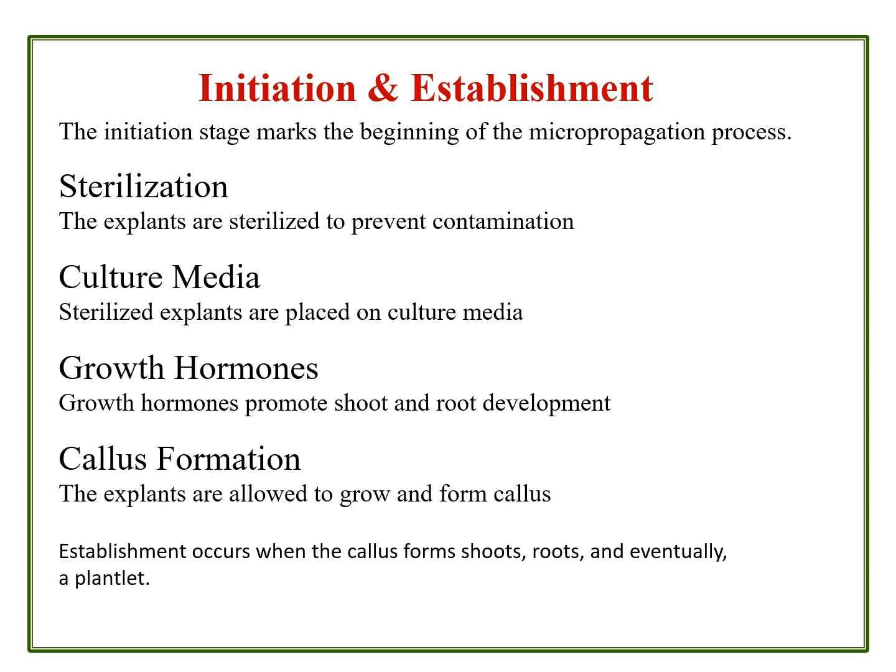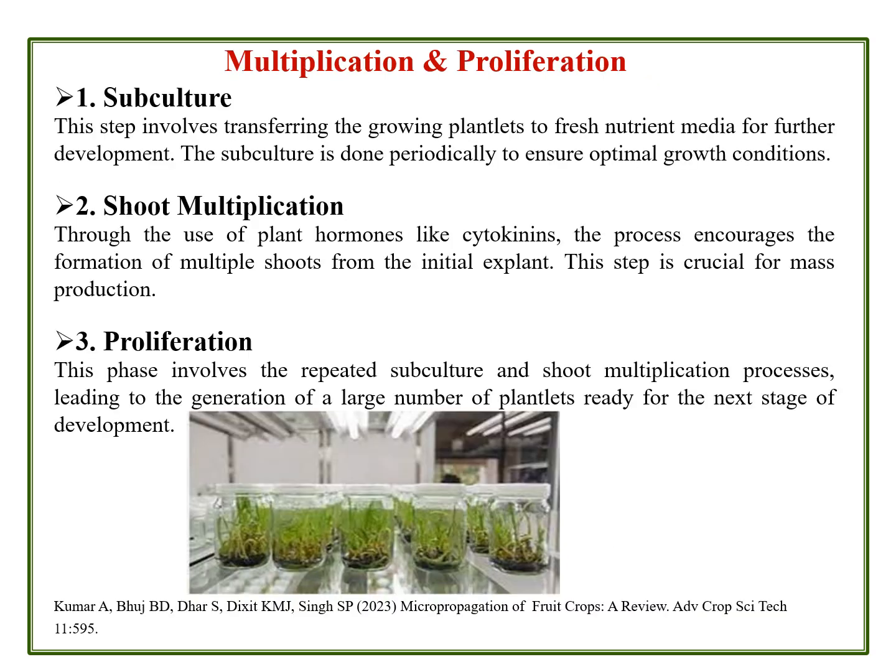Since they are tryptophan derivatives, we can easily test with protein quantifying reagents to identify whether the tissue is auxin rich or not, right? So callus can be established, and then callus is induced to form shoots, roots, and eventually a plant.